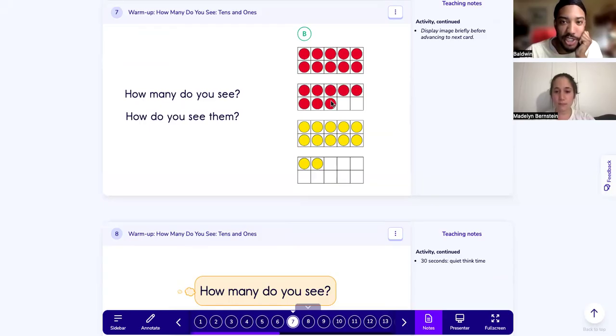I want to ask you another question. How many counters do you see altogether? 30. You said 30? Okay. So I see two groups of 10, which is 20, and then we see eight red ones, and then we see two yellow ones.